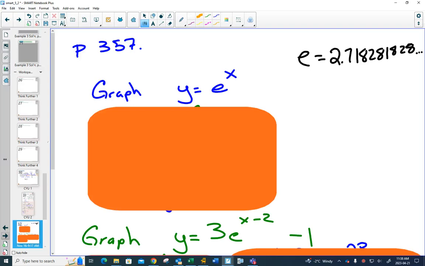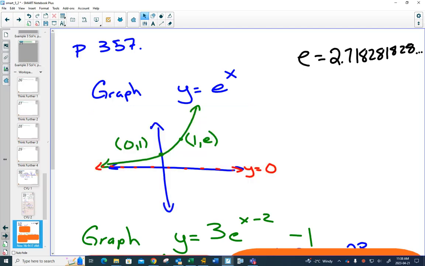So we are going to graph y equals e to the x, which isn't hard. It's the same as graphing 2 to the x, 3 to the x, 5 to the x. But instead of labeling 1, 2, you now can label 1, e.